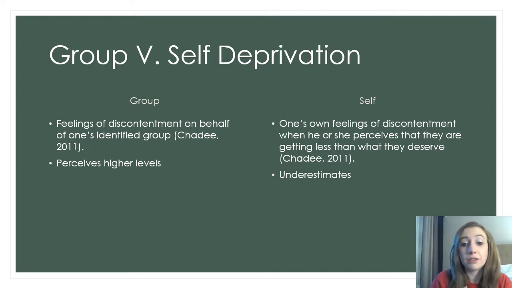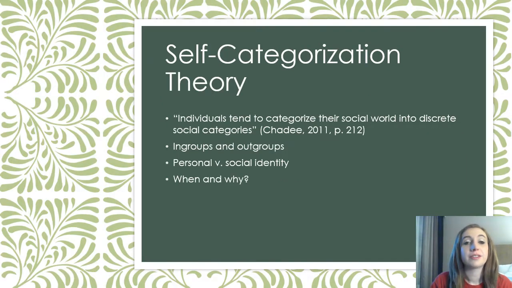So I'm underestimating how I feel that deprivation because I don't know if I'm paid in accordance to what I deserve. But I'm happy with it because I have enough to get by. But I do see in teachers as a whole, they're not making enough money to support their families and things like that.